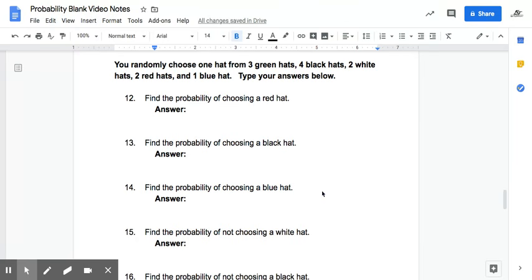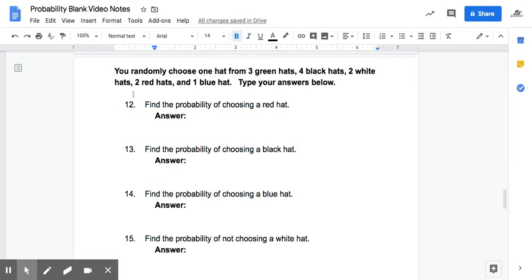All right, a word problem here instead of a picture. It says, you randomly choose 1 hat from 3 green hats, 4 black hats, 2 white hats, and 1 blue hat. Now we've got to find a bunch of probabilities. It says, find the probability of choosing a red hat. Before we do that, let's determine our total.